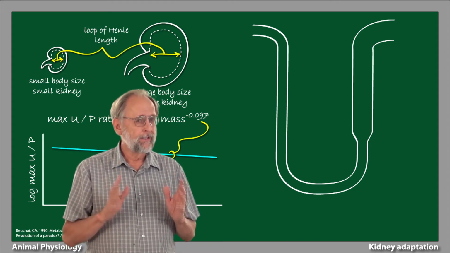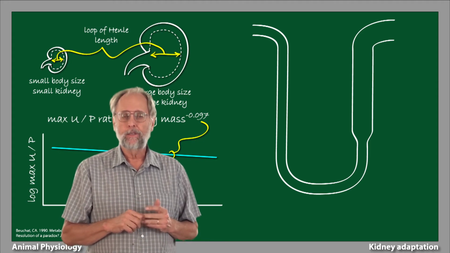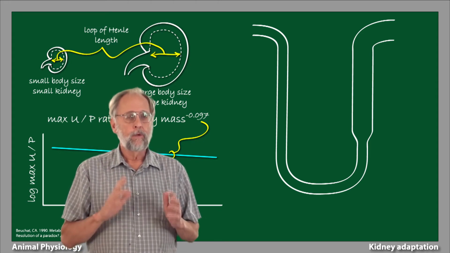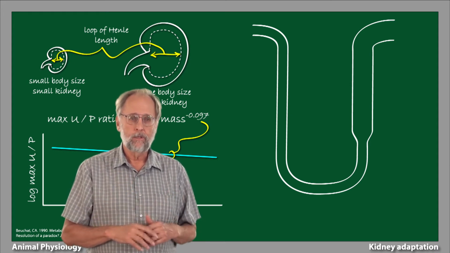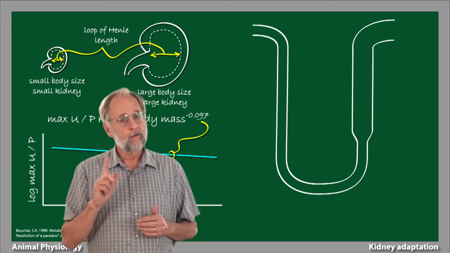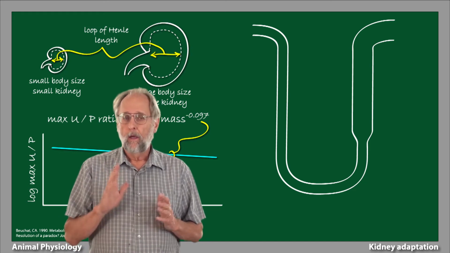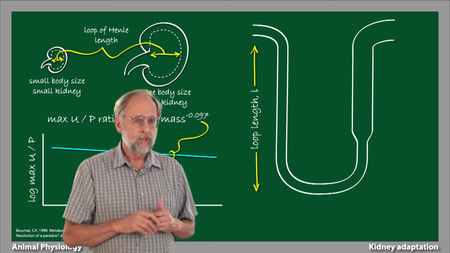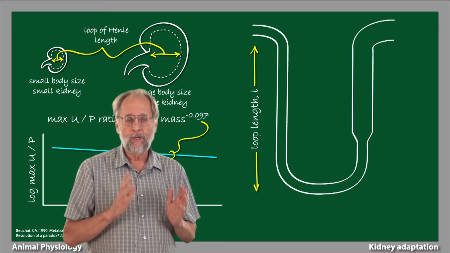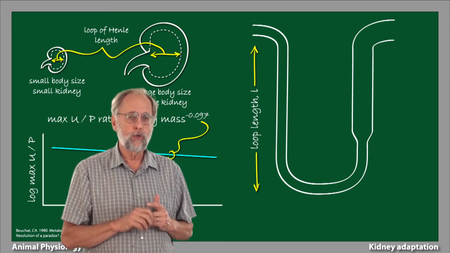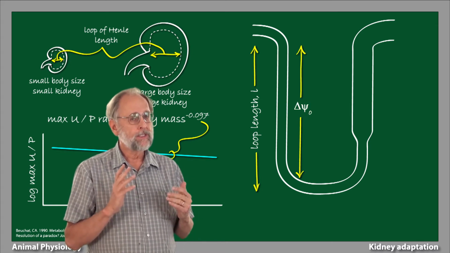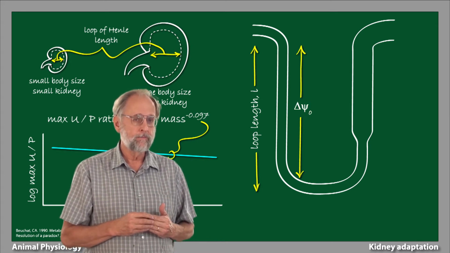It's actually a little more complicated than that because there are two things operating here. And to understand them, we have to understand the difference between a difference and a gradient. When we speak of the length of the loop of Henle, we're really using this as a proxy for the property that's really helping to concentrate urine, and that is the difference of osmotic potential that is set up along the loop of Henle.